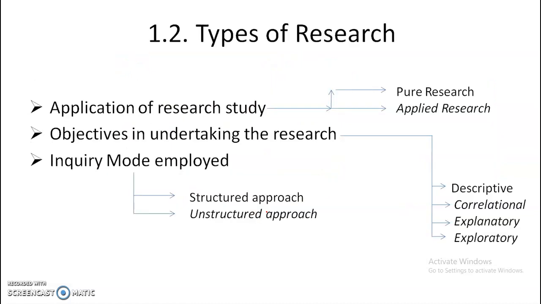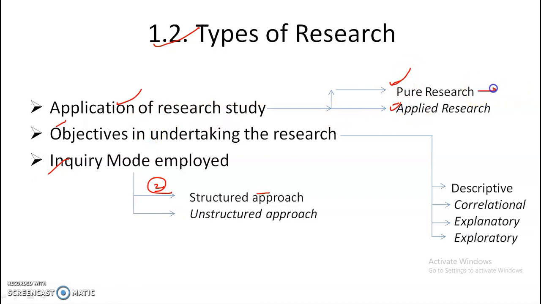Next, coming to the types of research, it is the second concept. Based upon the applications we have two types of research. Based upon the objectives, there are four different types of research categories, and based upon the inquiry mode, there are two different types. Coming to the applications, there is pure research and applied research.